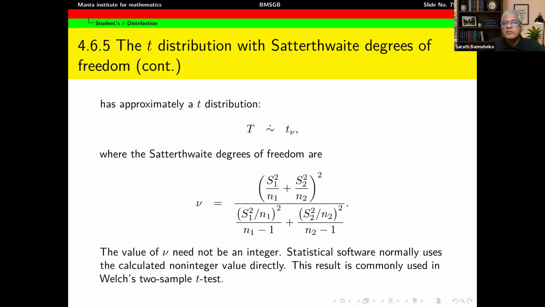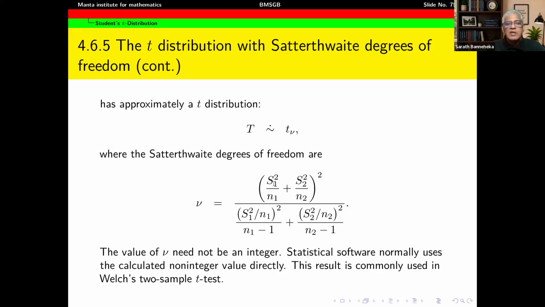But the degrees of freedom for this approximate T distribution doesn't have a very nice equation like n plus m minus 2 in the previous situation. The degrees of freedom here is given by this complex formula based on the data. Therefore, we are actually estimating nu for a given situation with the data.